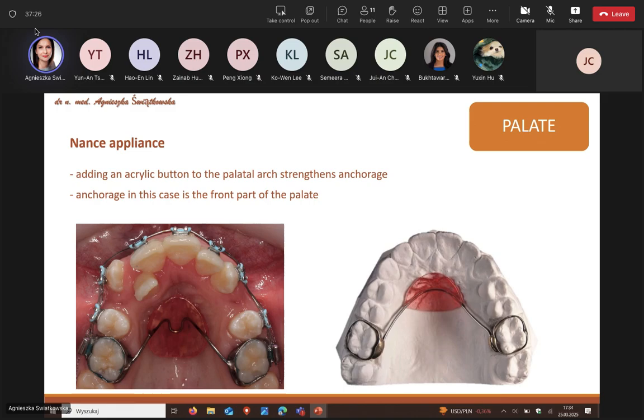And if we want to estimate which kind of anchorage is better, Nance or TPA, in my opinion, better is Nance. But in many books, I found that it's a very similar kind of anchorage. But I disagree with this opinion.